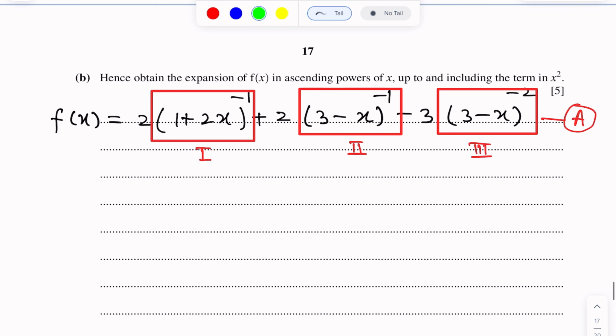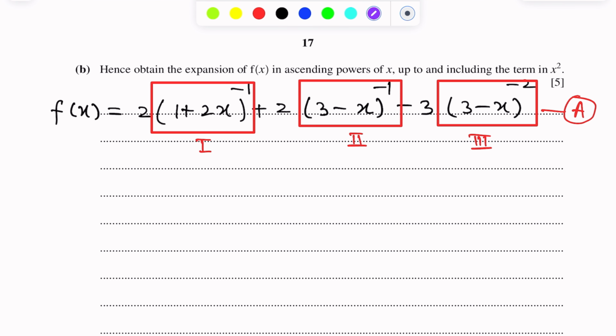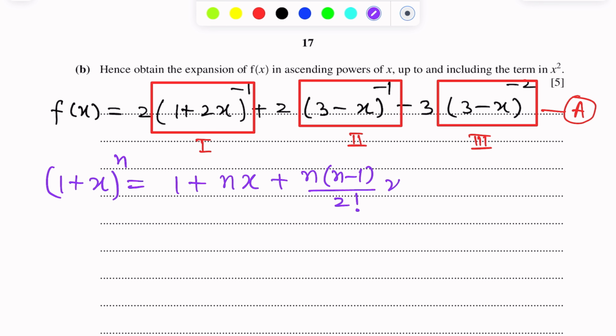Now here we will use the binomial theorem. First I write the formula. Formula is this: (1 plus x) raised to power n. My first term must be 1. If not 1, then we have to make it 1. First term is 1, plus second term n into x, plus next term is n into (n minus 1) over 2 factorial into x square.